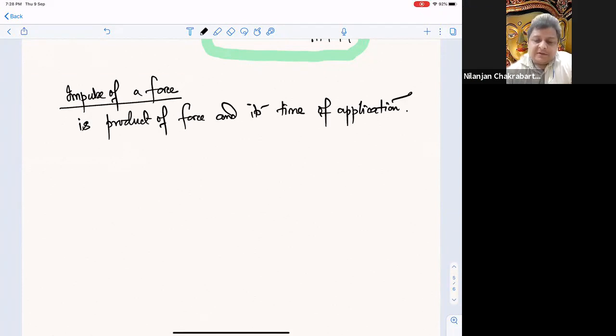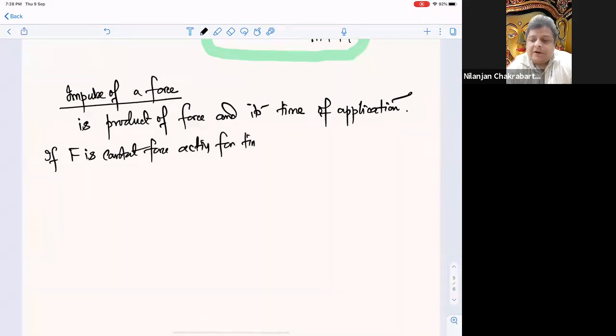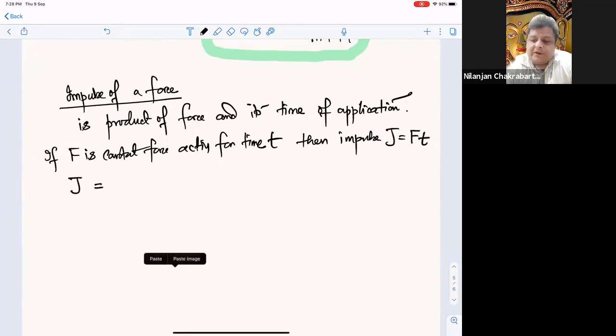Suppose F is a constant force acting for time t, then what is the impulse? Impulse is given by J. J equal to F into t. What is F? It is mv2 minus mv1, by t, into t.